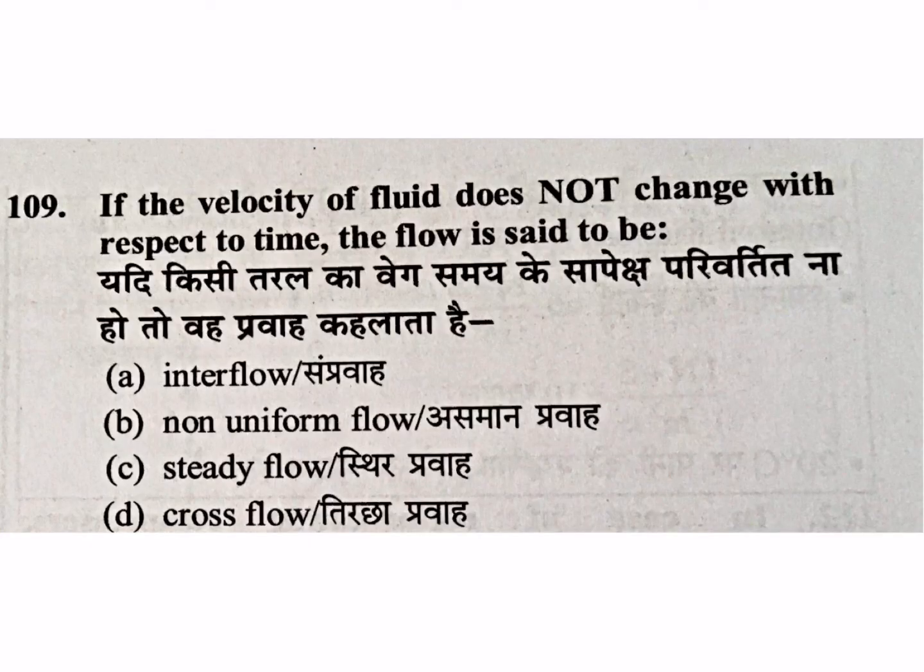Next question, 109. If the velocity of fluid does not change with respect to time, the flow is said to be, does not change with respect to time, means it's constant with respect to time. dV by dt, where V represents velocity and t represents time, is equal to 0. This is for steady flow. And if it is unsteady flow, dV by dt is not equal to 0.